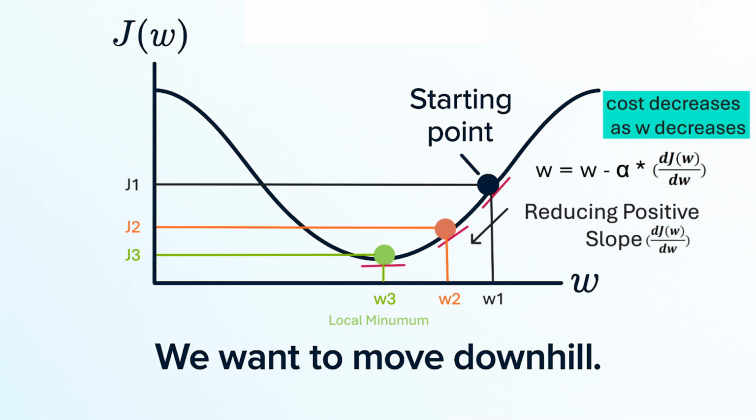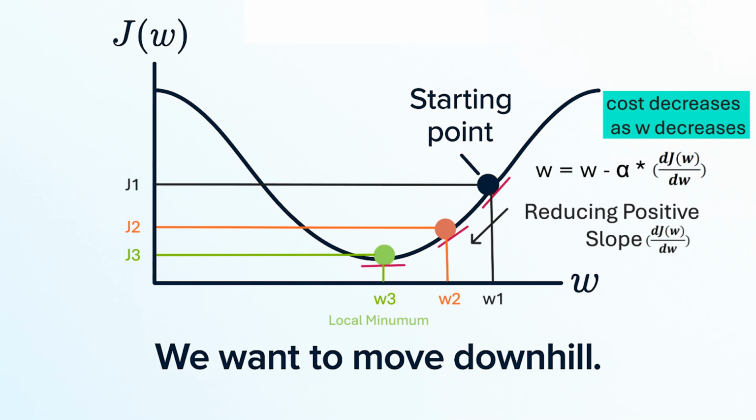Imagine you're standing on the right side of a U-shaped valley. If you draw a tangent line at that point, it leans upwards as you go right, meaning the slope is positive. So this is what happens in the update. Subtracting a positive number means W gets smaller, and on the graph, this means we step left toward the local minimum.